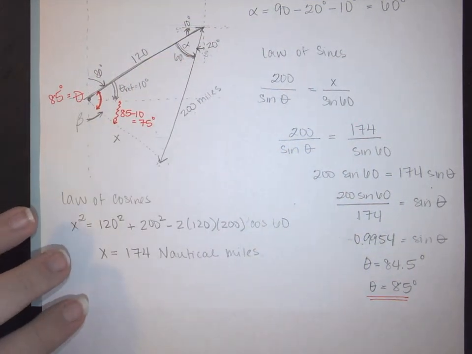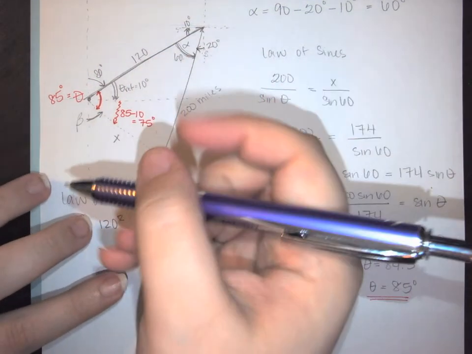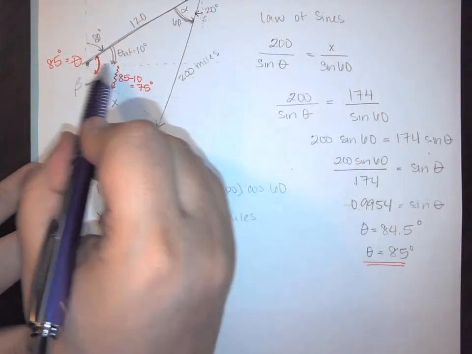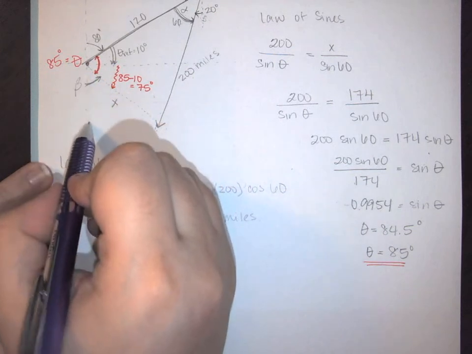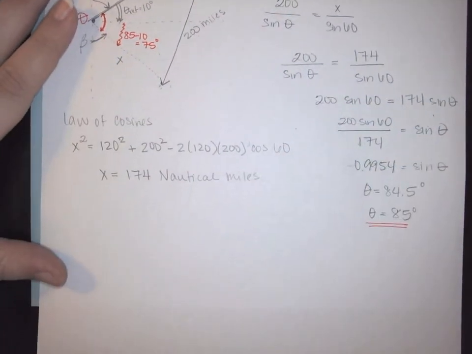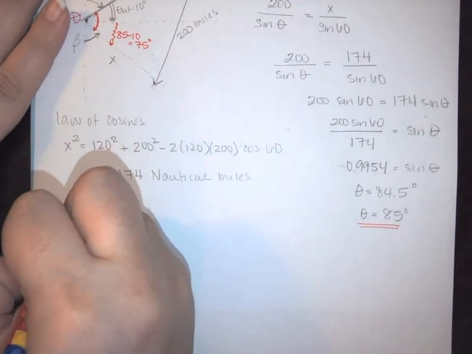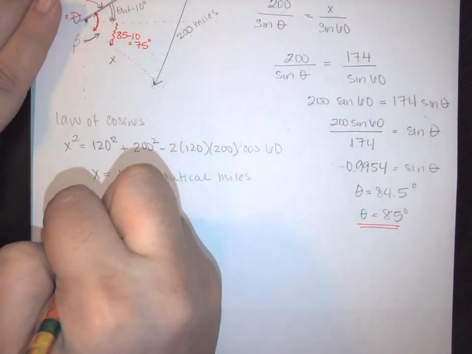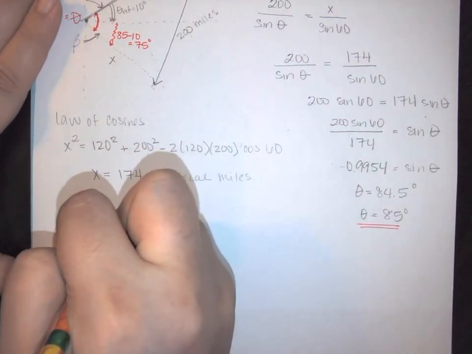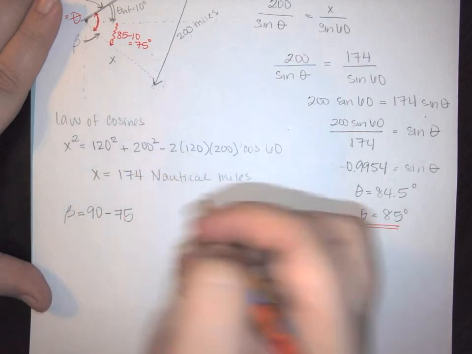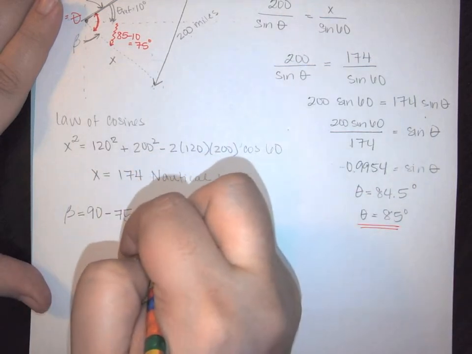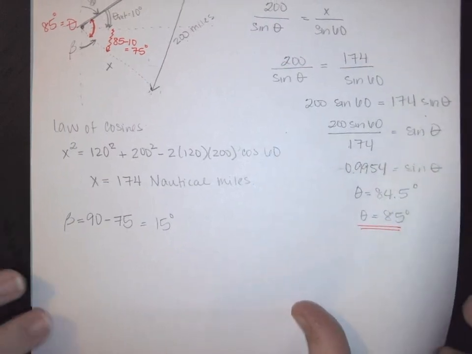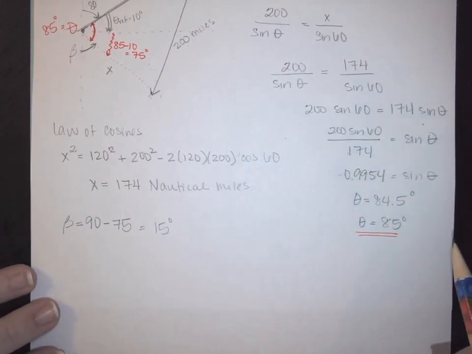Once you know that piece, it's very simple. In order to find your beta, all you have to do is recognize that this here is a quadrant. So what we have is that your beta is equal to 90 minus the 75 you already have, which gives you 15 degrees. And then you need to look at your direction.